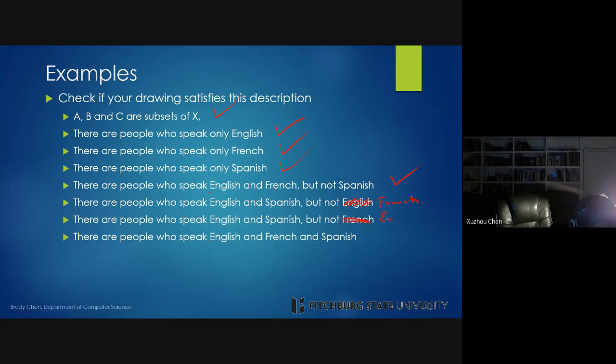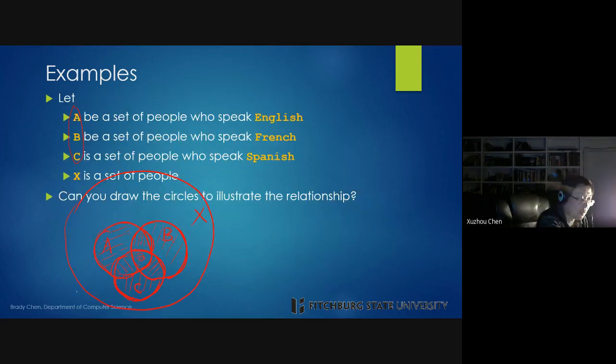So that means French and Spanish, but not English. Okay, and there are people who speak English, French, and Spanish. Yes, so this is actually the perfect diagram. Basically, it illustrates the relationship among these four sets.